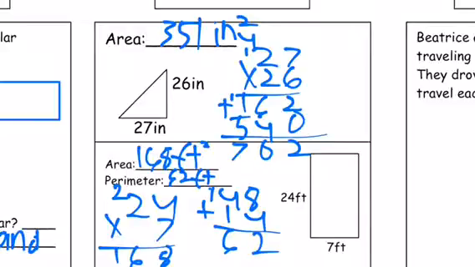What's half of 26? 13. So take 27 times 13. Kelsey, what's 3 times 7? 21. You get 351 inches what, Kelsey? Squared. Thank you. Sign your name.